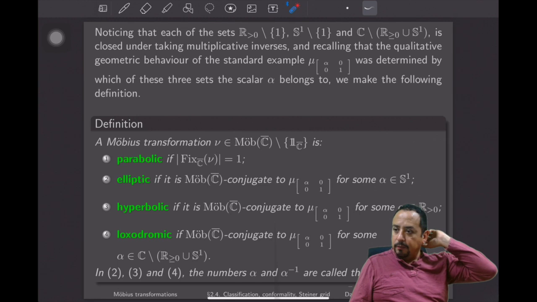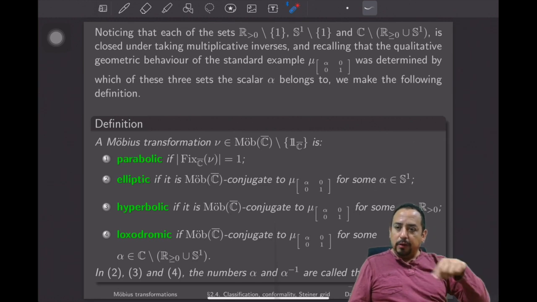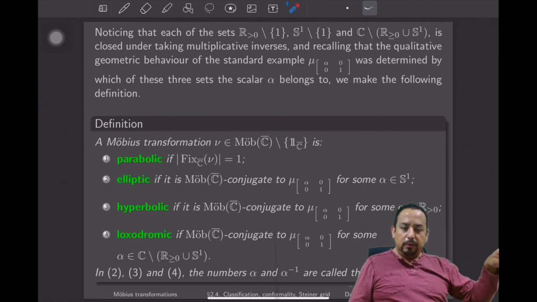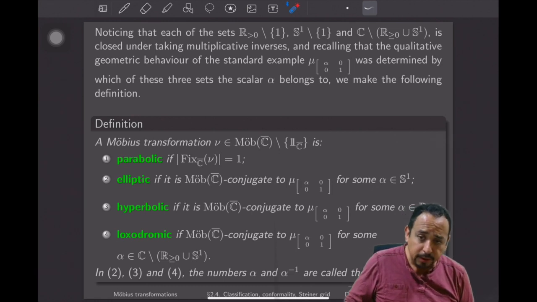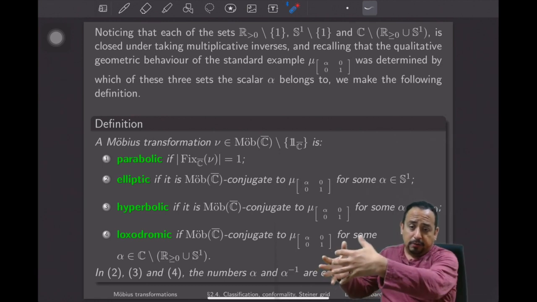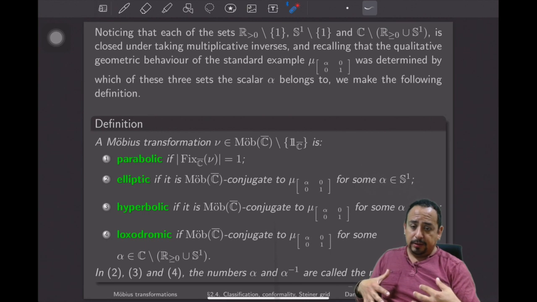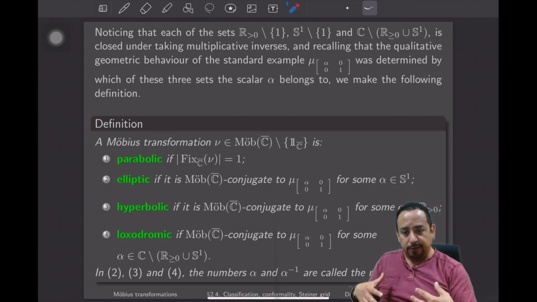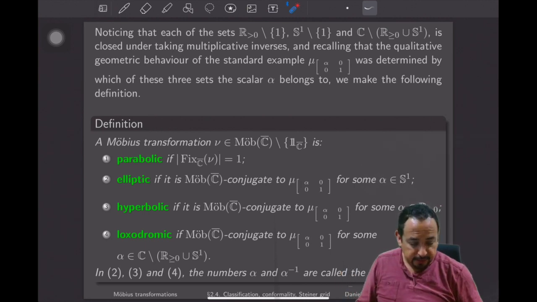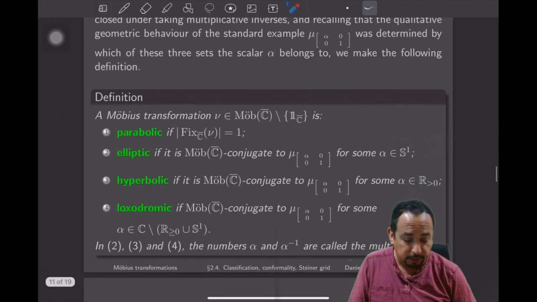That is, when it was a complex number not in the unit circle and not a positive real number. So we carry on that distinction between these three cases to the general case, and then we make this definition.